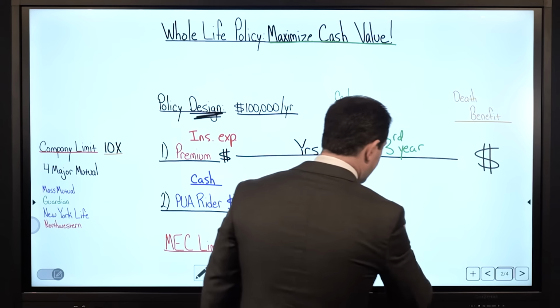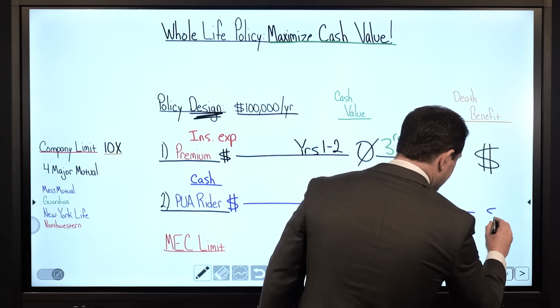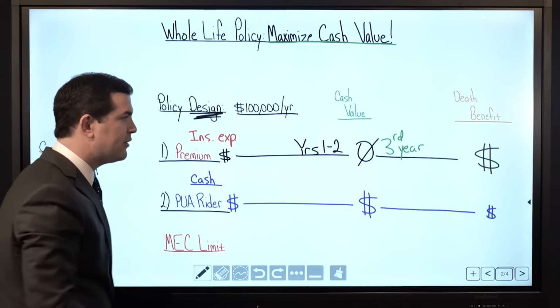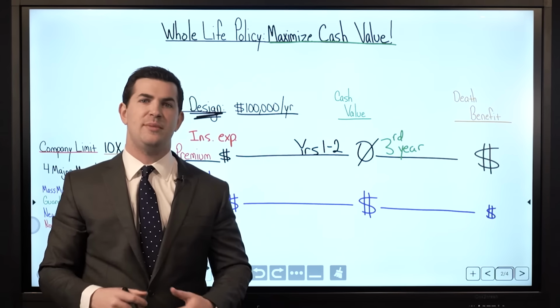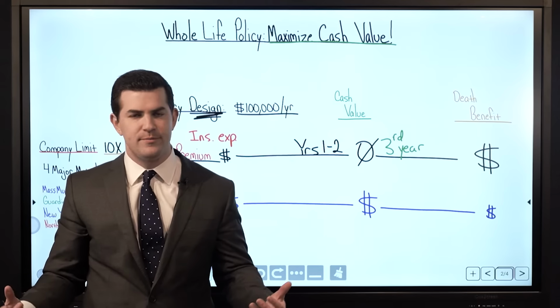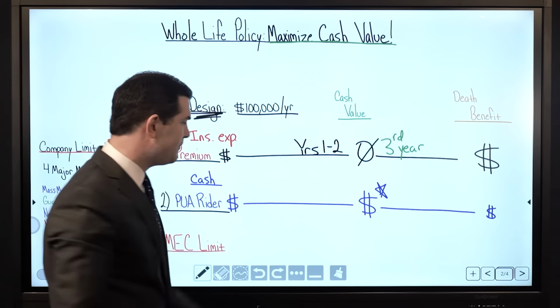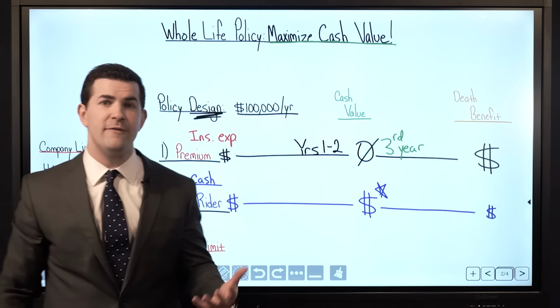Now, it will purchase me some life insurance. Typically, it is a very small amount compared to premium dollars, but it does purchase me some death benefit. However, just about everyone we work with primarily pays money in here to this rider right here for the cash value benefit.